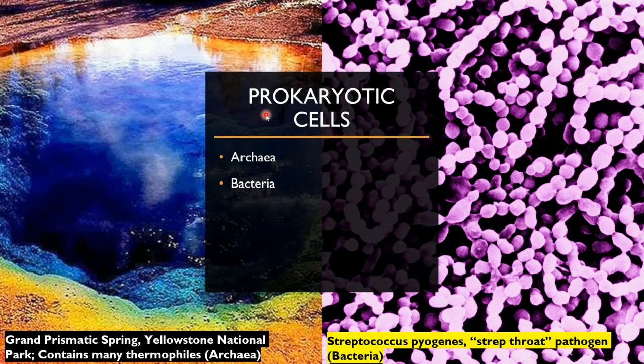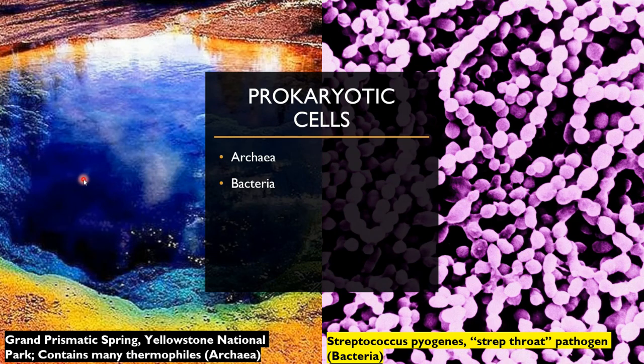You could probably imagine that in the domain eukarya, these are the organisms that contain a nucleus. So these prokaryotic cells, archaea, if you look on the left side here, this is at Yellowstone National Park at the Grand Prismatic Spring, which is found in Wyoming, and it's a beautiful, interesting lake, like a natural spring that is hot.